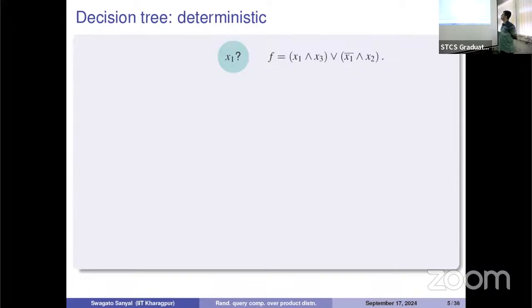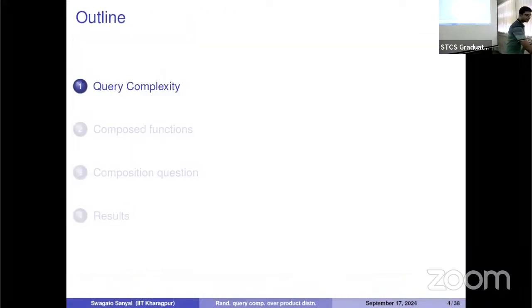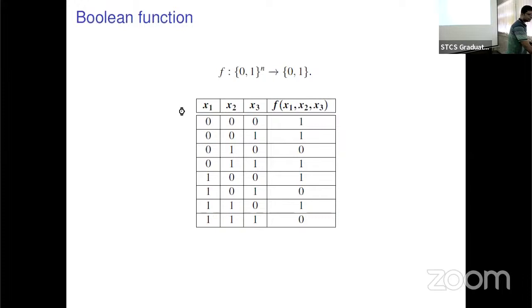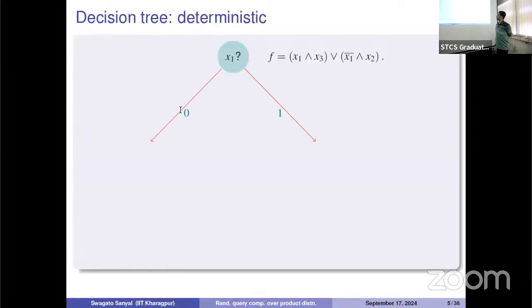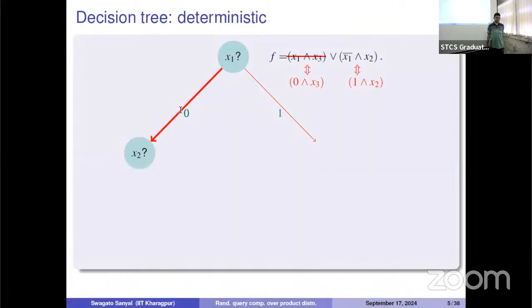So this is an algorithm that queries the first bit of x, and there could be two possible answers, 0 or 1. If the answer is 0, then the function simplifies to x2, which is what the algorithm asks, and the value of x2 determines the value of f.